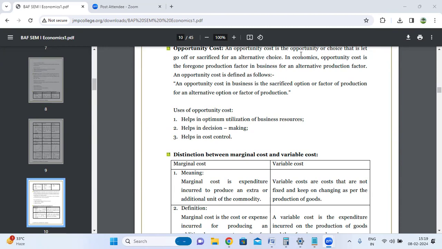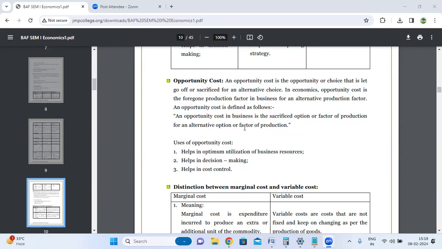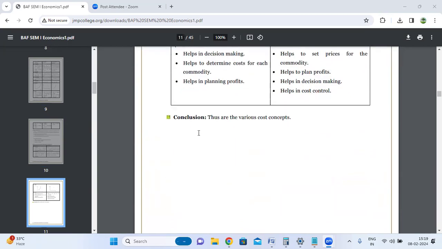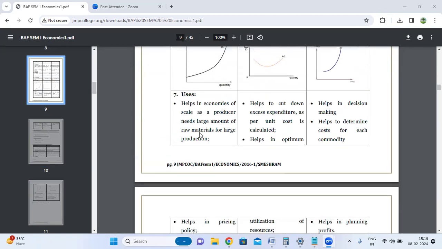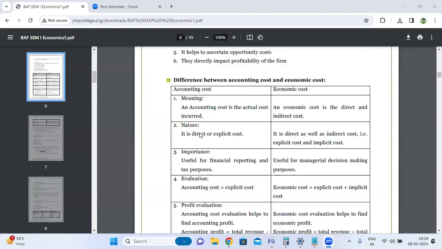In economics, opportunity cost is the sacrificed option or factor of production, the alternative option chosen in its place. So these are the types of cost.